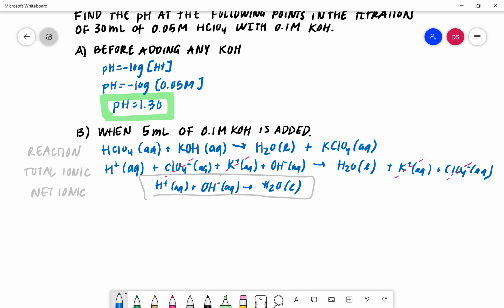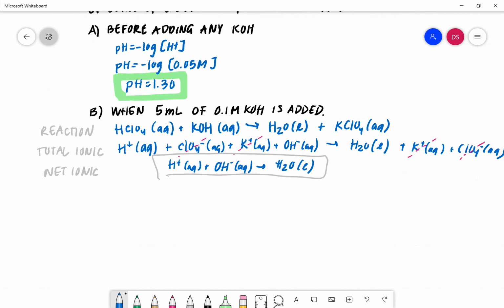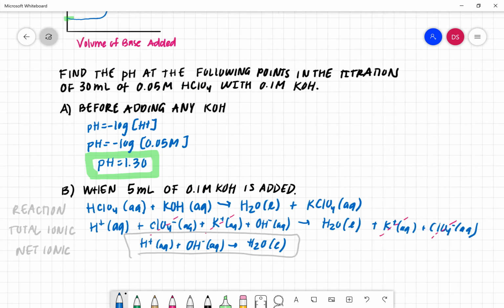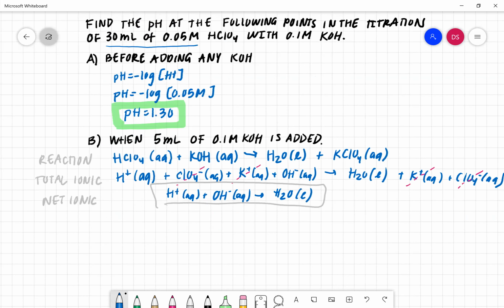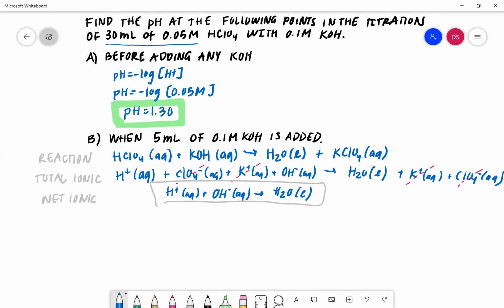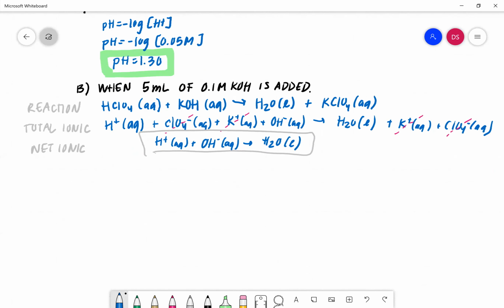But first we're going to start off with the numbers given. In the problem above, we were given 30 milliliters of 0.05 molar perchloric acid. So we're going to go ahead and calculate the millimoles of our acid and base. We're going to start off with 30 milliliters, multiplied by the molarity that was given to us.